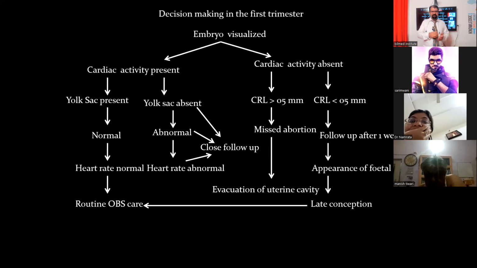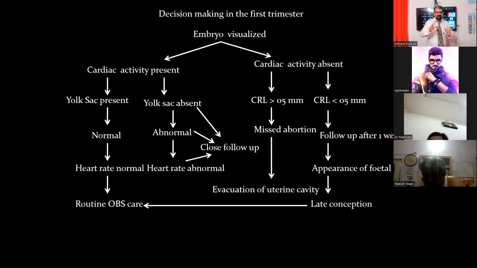By the help of the double decidual sign and the unobliterated uterine cavity, you can make out whether I am dealing with a pseudogestational sac or a true intrauterine gestational sac. Then if the yolk sac is over there, it confirms that it is not a pseudogestational sac.